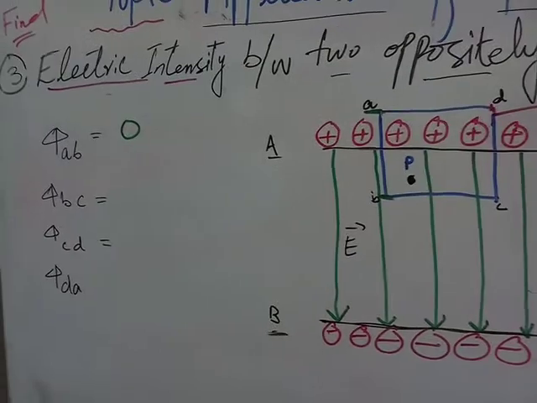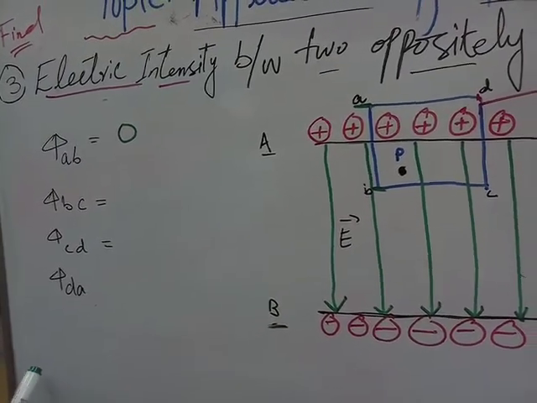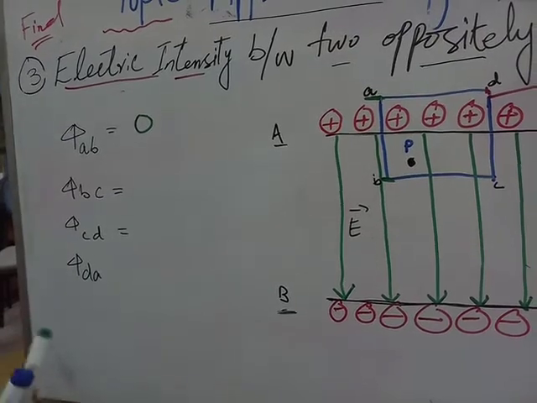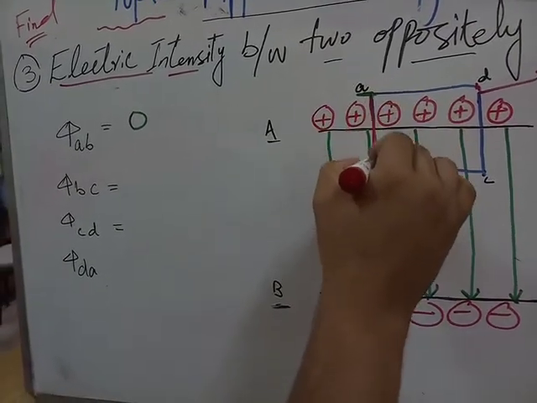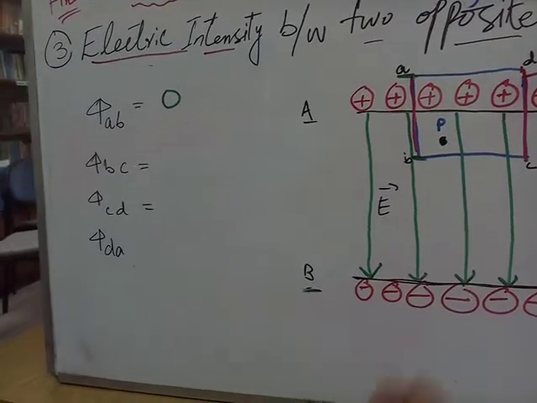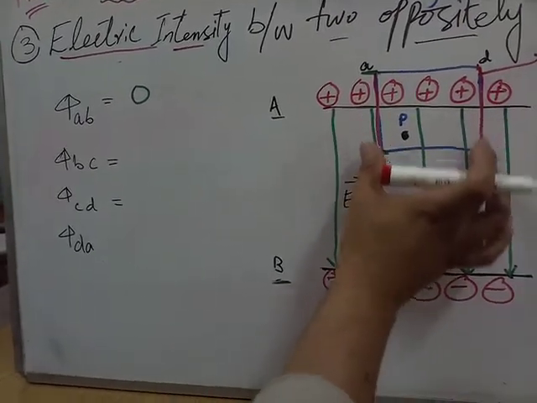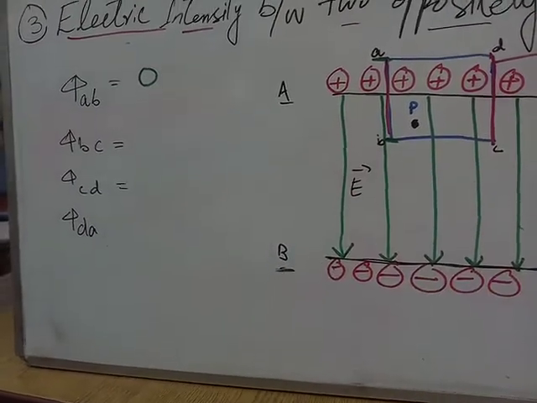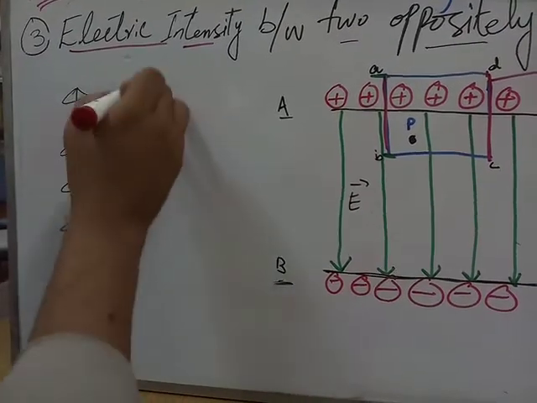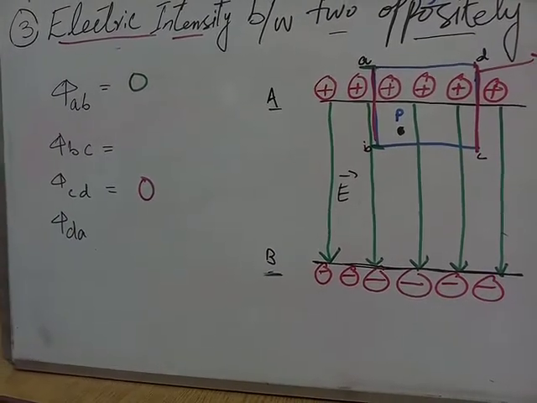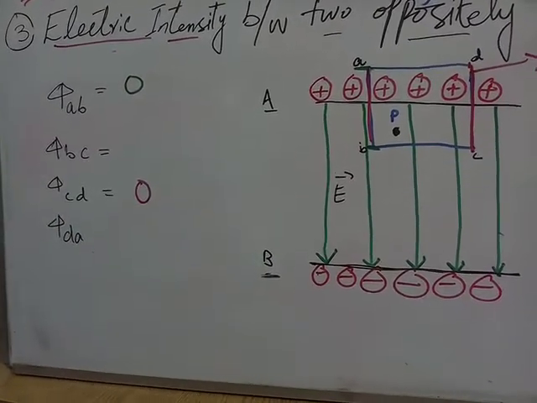You can see from the diagram that face AB and face CD, these two surfaces or areas, are parallel to the electric field lines. So for AB and CD, the flux is 0.